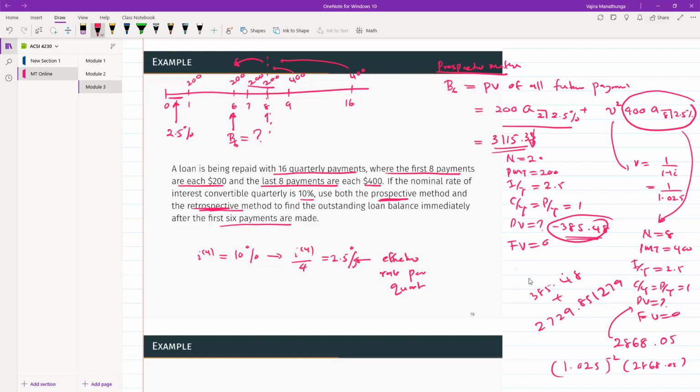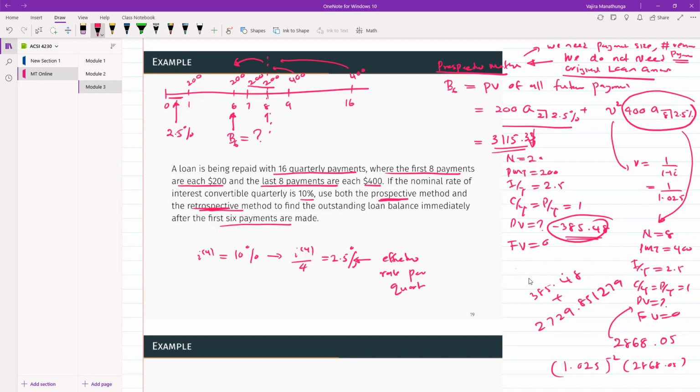Now you can see that we don't need the original loan amount. What do we need? We need payment size and number of remaining payments.